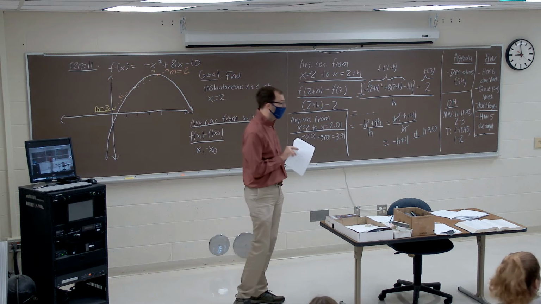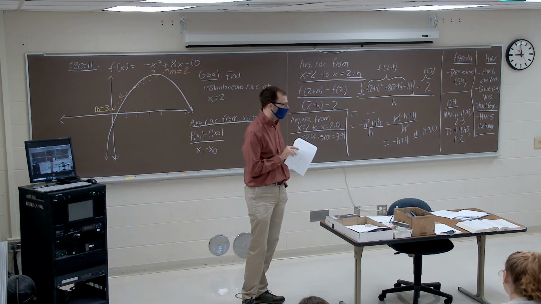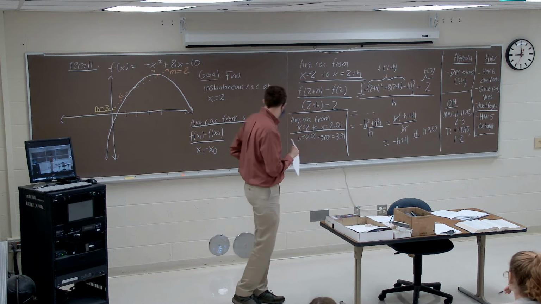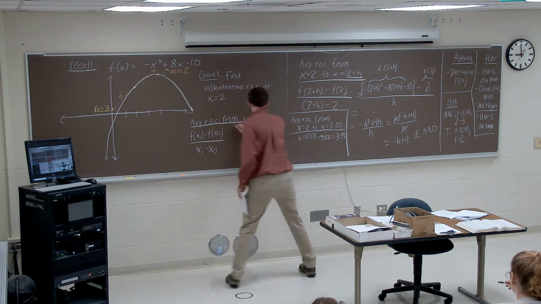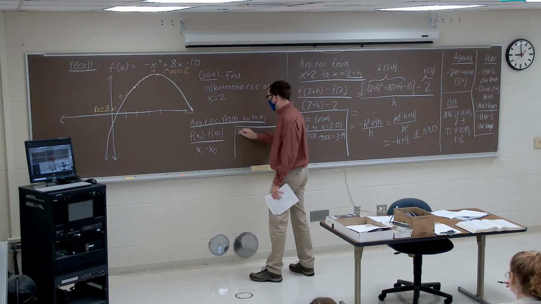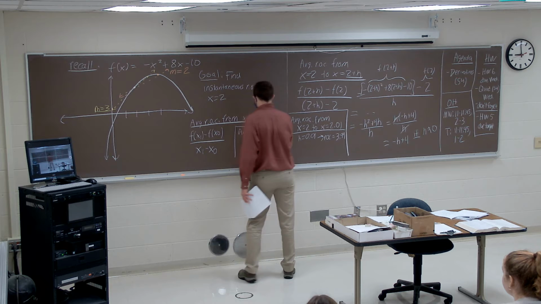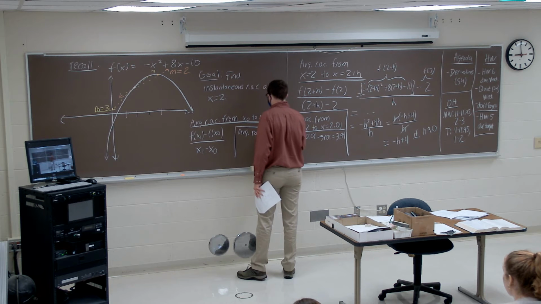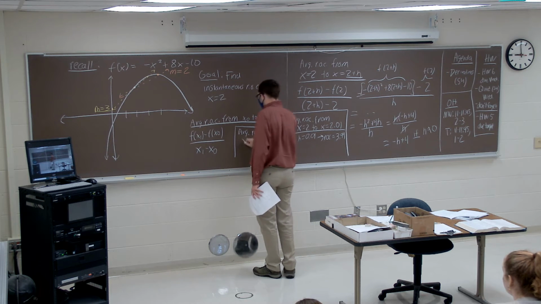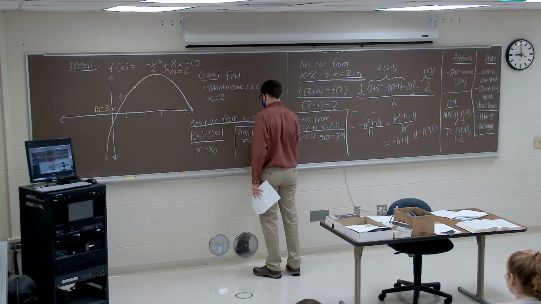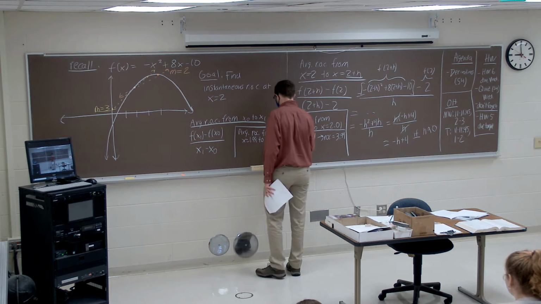Josh? 4. Why 4? Because that's 3.99, which is close to 4. So if you were to plug in like 1.99, that would be 4.01. Okay, yeah, if we did average rate of change, we could even plug in a point to the left of x equals 2 here. We could say average rate of change from, I'll say, x equals 1.99 to x equals 2.